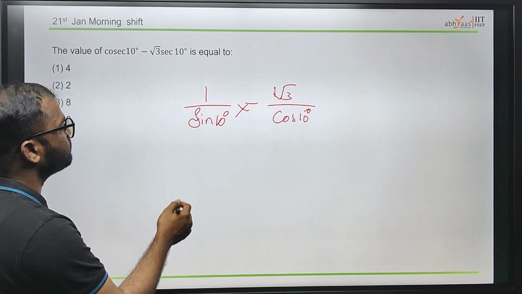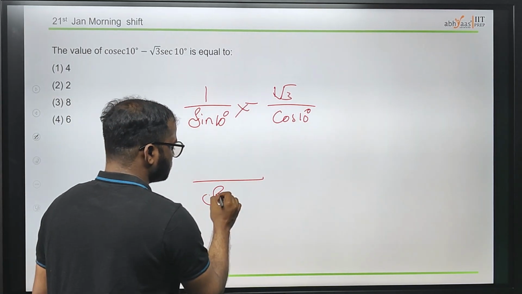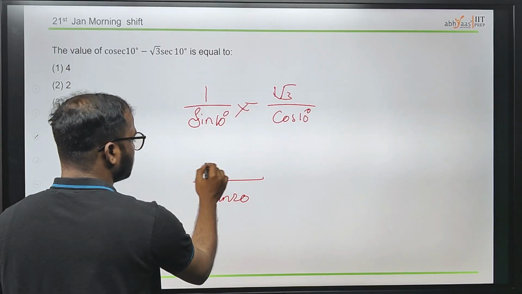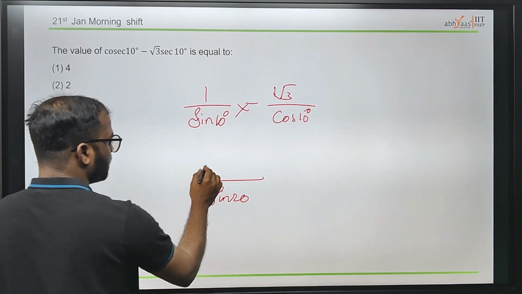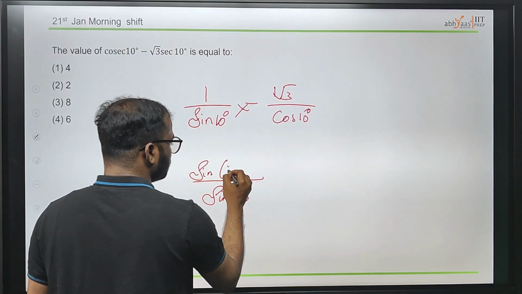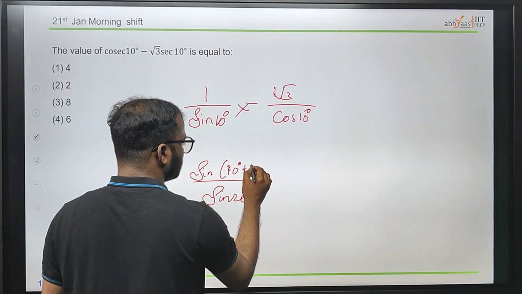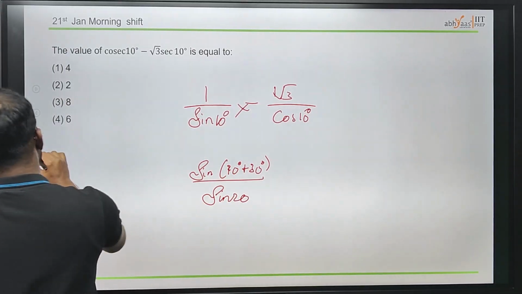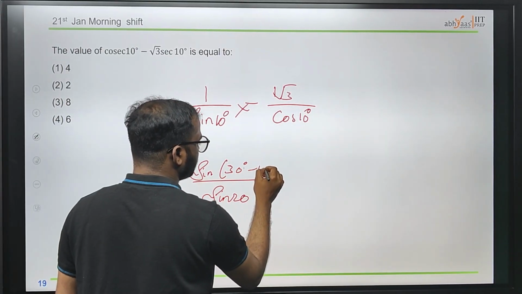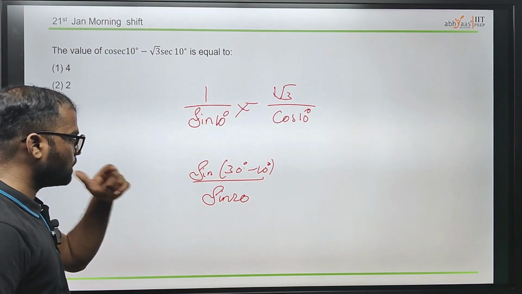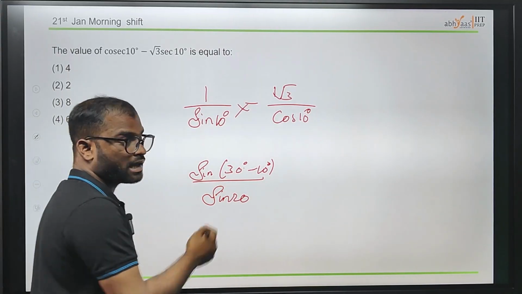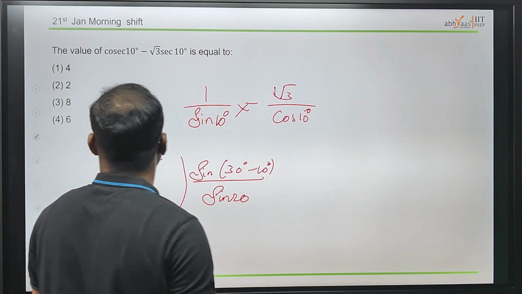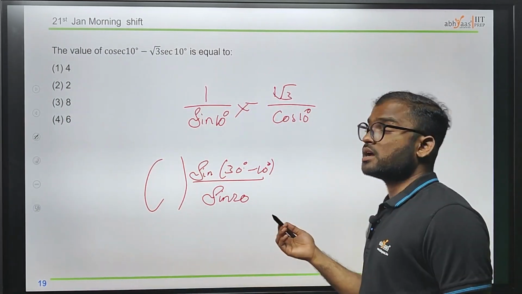After that we can easily find this, which is in the denominator we may get sine 20. In order to find the sine 20 degrees, we may get sine 30 degrees minus 10 degrees. After that we can easily see that sine 20 will be cancelled out. Okay, there somewhere we have something here, from that we can easily find the answer.